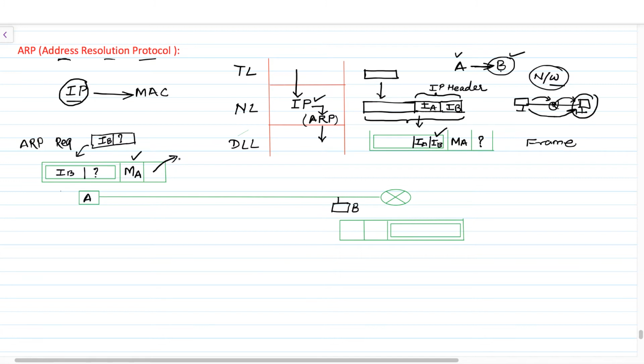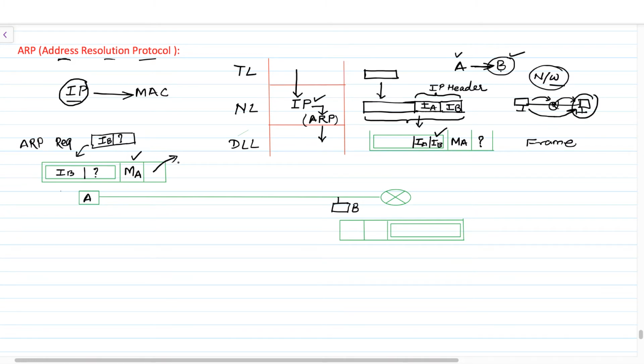In order to get this MAC address only, we are preparing this request. But without knowing the MAC address of that host, how will this packet be forwarded to the destination? Without knowing the MAC address of the destination, if we want to forward that packet, we are going to use a concept called broadcasting.